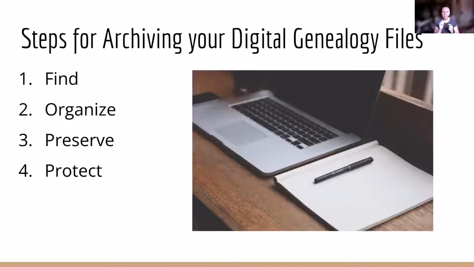I would say steps 1 and 2 are usually the shorter ones, pretty quick to find all your files or make a list, and set up your archive. Step 3 is going to take you quite a while to do, and then 4 is an ongoing thing that you'll be doing from now on. So let's start talking about some of these.